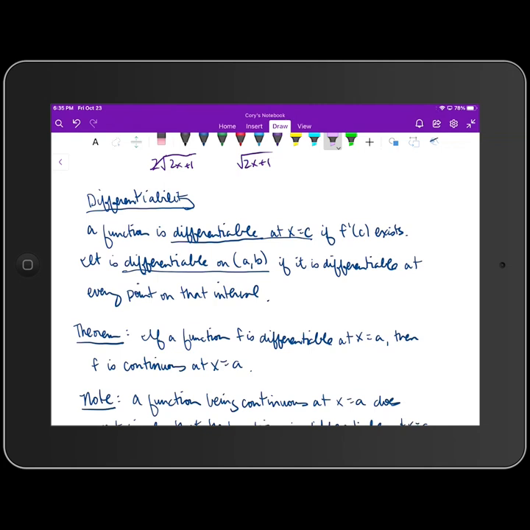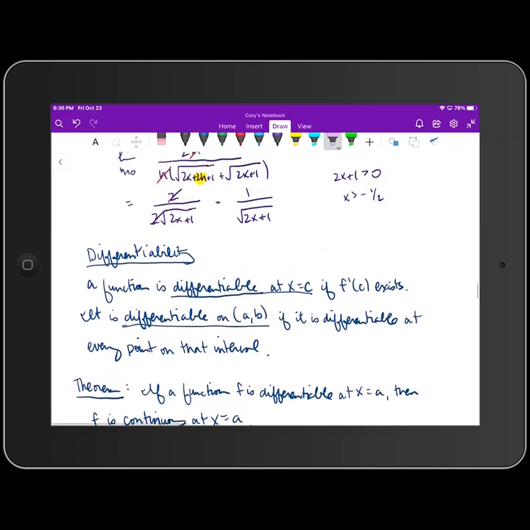Okay, so we can say that a function is differentiable at some point x is equal to c if f prime of c exists. So if that value c is in the domain of the derivative, then the function is differentiable at that point. And we can also say that a function is differentiable on the open interval from a to b if it is differentiable at every point on that interval.